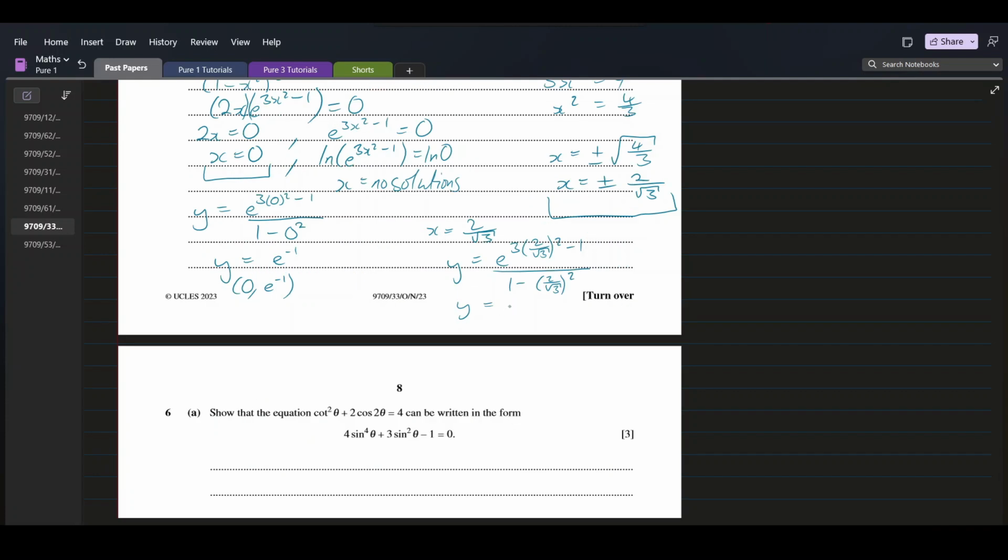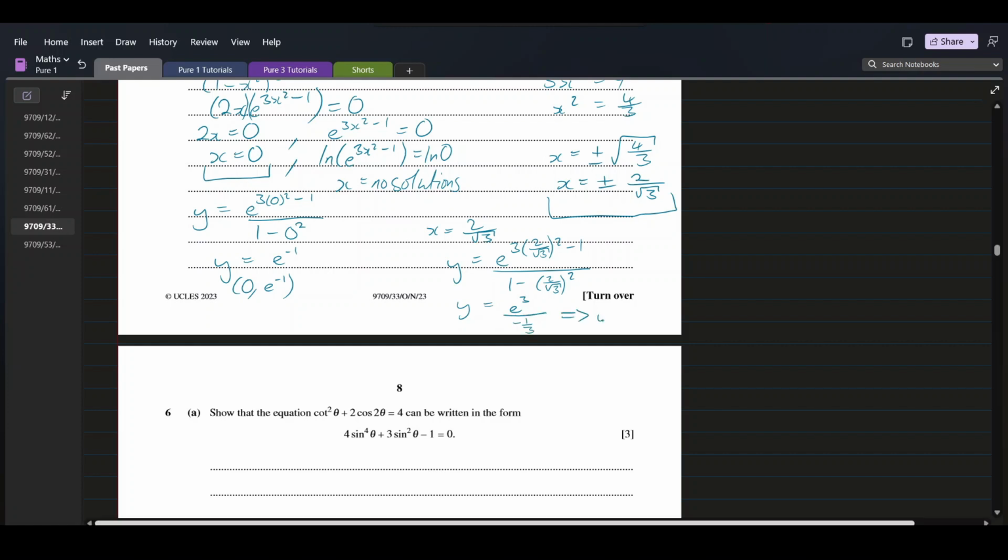We get in our numerator, it becomes e^(3 over 3 - 1)... and so this becomes y is equal to -3e^3.